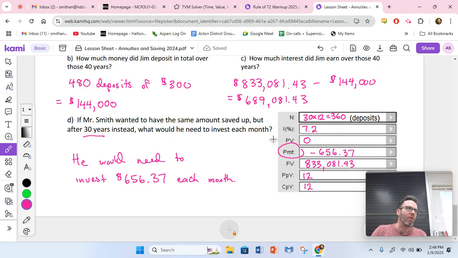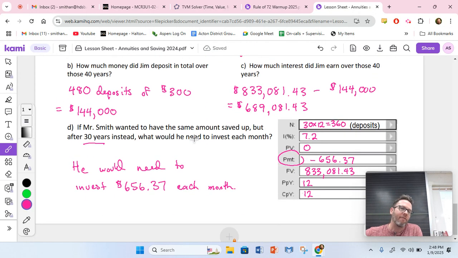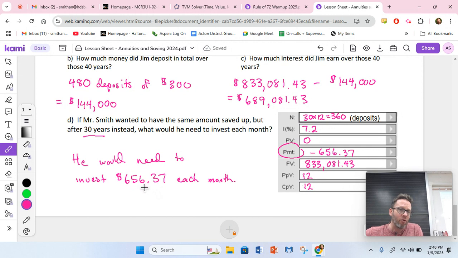It takes you 10 years to come to your senses and be like, okay, maybe I should start saving for retirement. If you wait for 10 years to have that same amount of money saved up when you retire, you have to do like 656. That's more than double. Start early, and it's just start early.